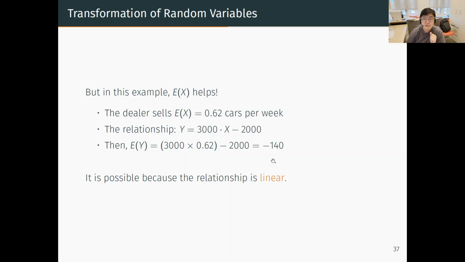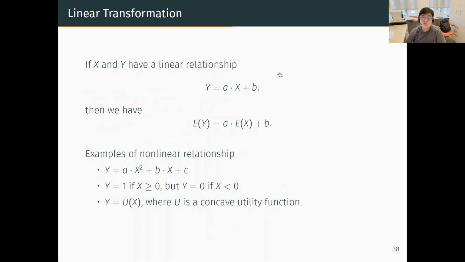But remember, this is true only in a very special case. That is when the relationship is linear, right? You must have heard about a linear function, linear mapping, right? So this is a linear function. Y is a linear function of X. In general, a linear relationship takes this form.